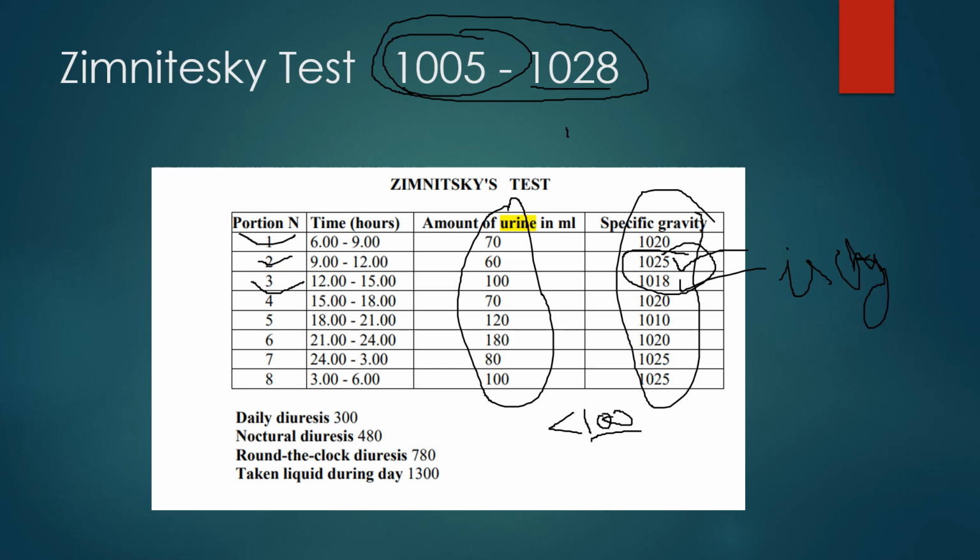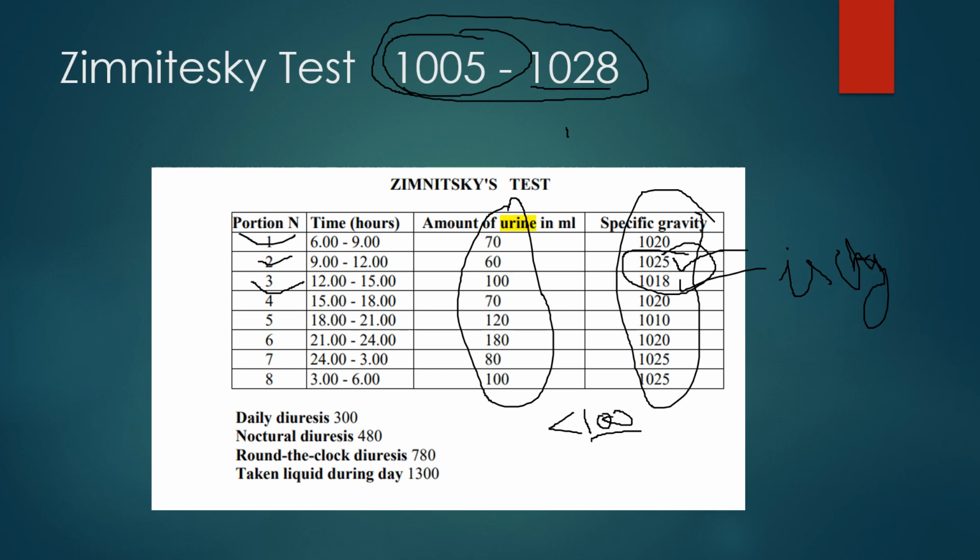So first of all, we will check the amount of urine at one time. If it is less than 100, then this is the condition for ischemia. Then we will check the level of the specific gravity. If the specific gravity is more than 1028, then we are talking about hyperstenuria.